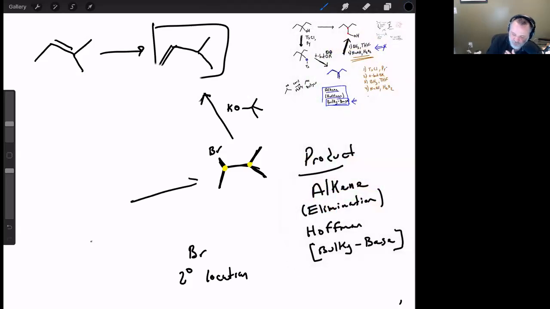So now I'm going to say it's in a secondary location. We decided that it was anti-Markovnikov, and that would mean I had a double bond between those two yellow dots. That's the starting material, and so the reagents must have been HBr and ROOR.